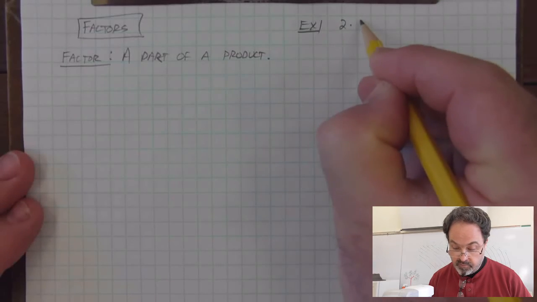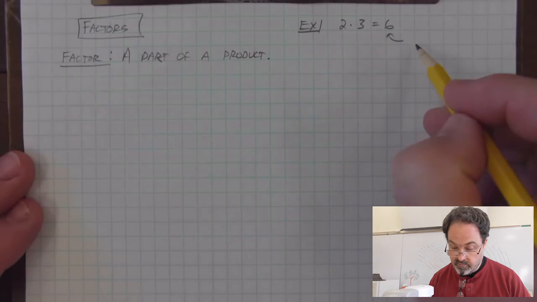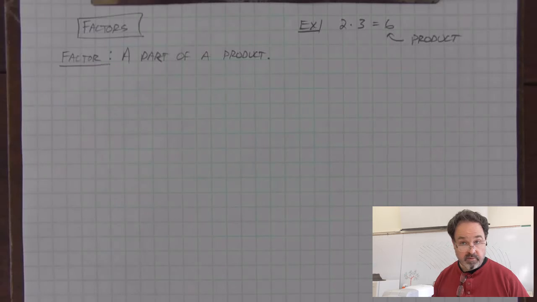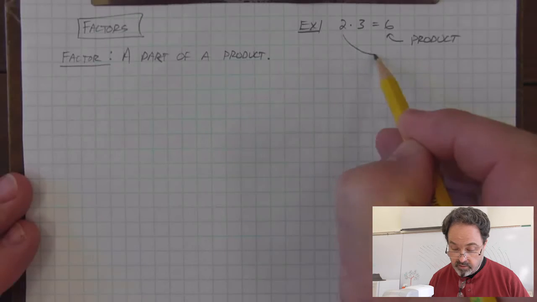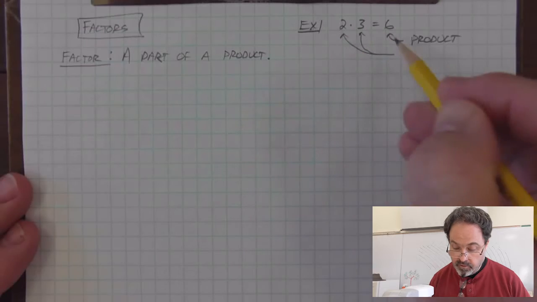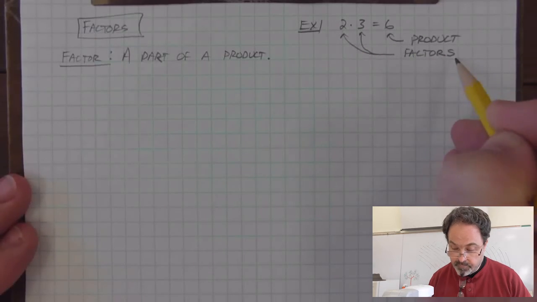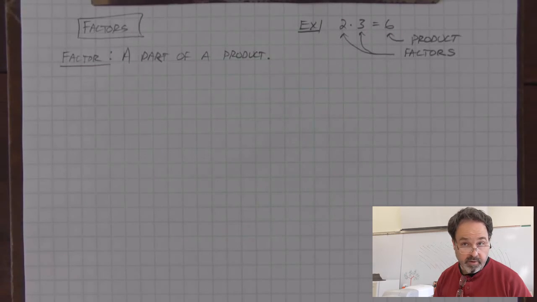So in this simple example, 2 times 3 equals 6. We could point to the 6 and call that a product because the 6 came from multiplication. And the parts of the multiplication, the 2 and the 3, are each factors. 6 is the product of multiplying the factors 2 and 3.